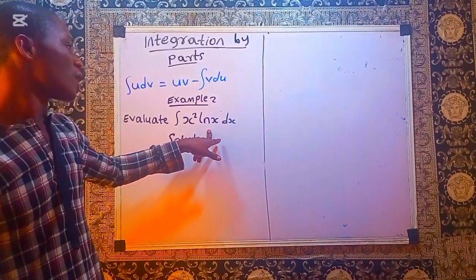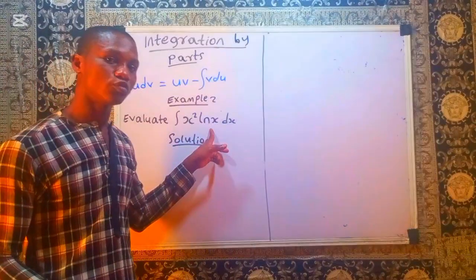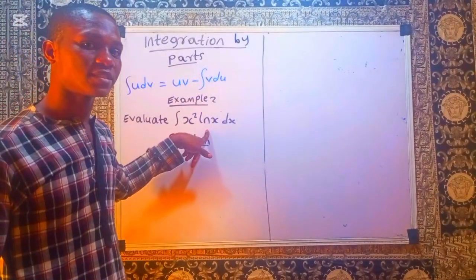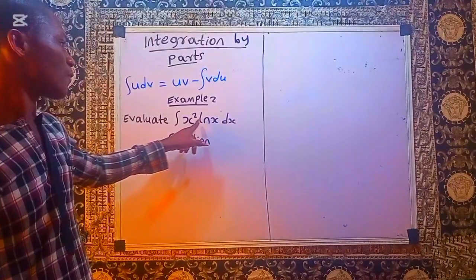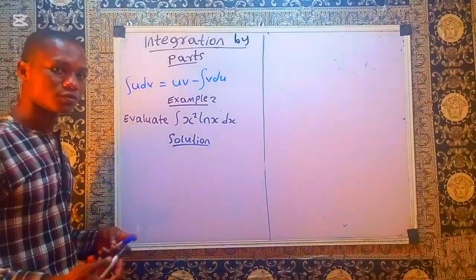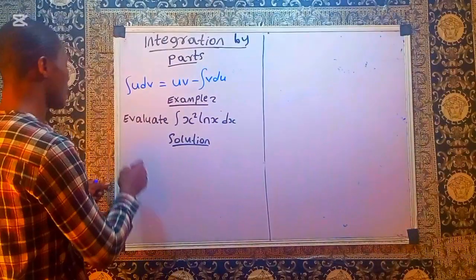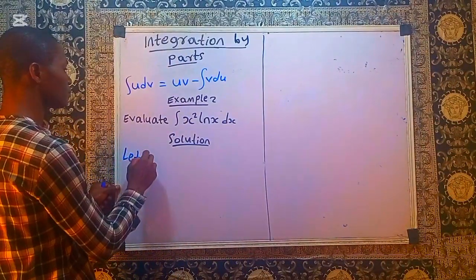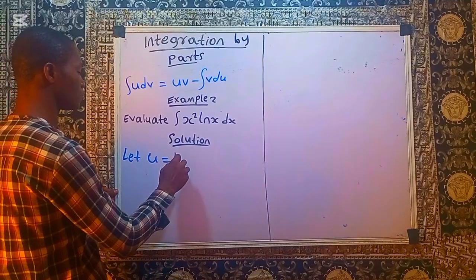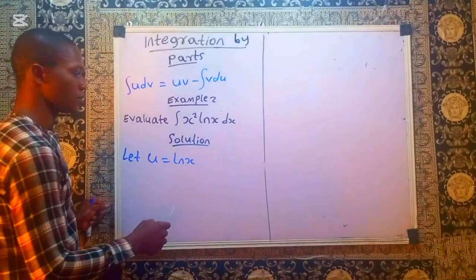Because of that, we are going to call ln x u so that we can differentiate it, because it's easy to differentiate ln x. And we are going to call x squared dv so that we can integrate it. So I'm going to say let u be equal to ln of x.